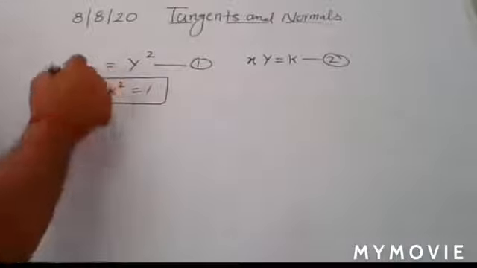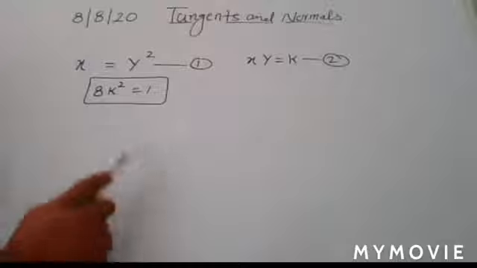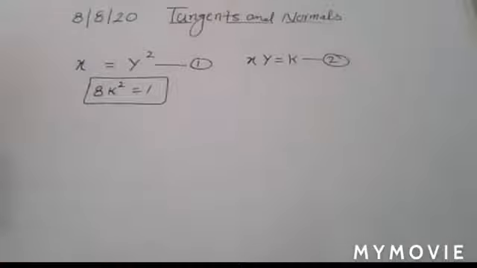Here it is given that the two curves intersect or cut each other at right angle, then you have to show that 8k square is equal to 1.